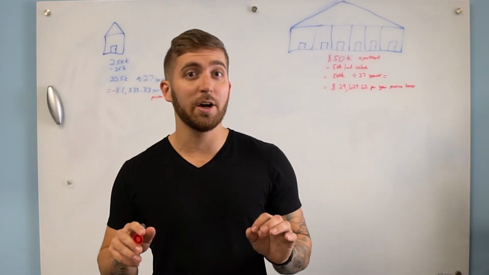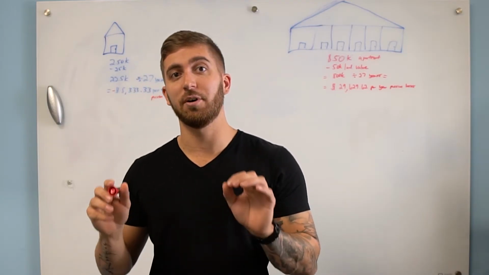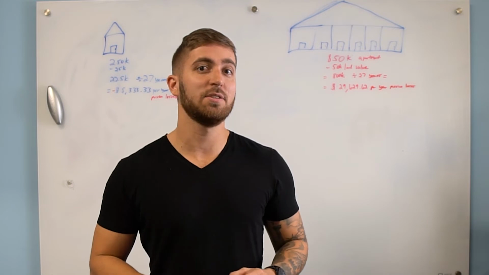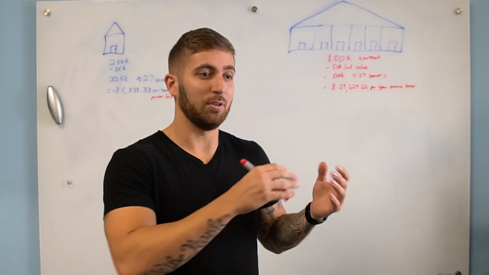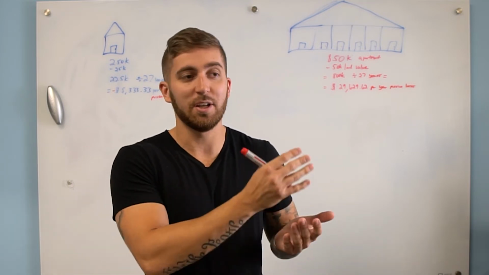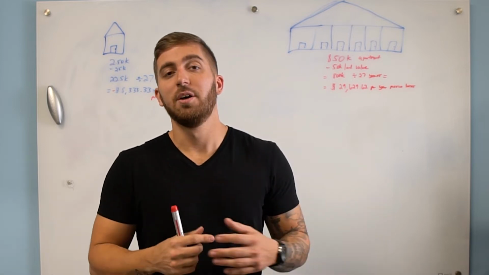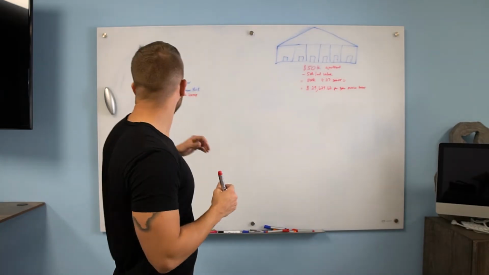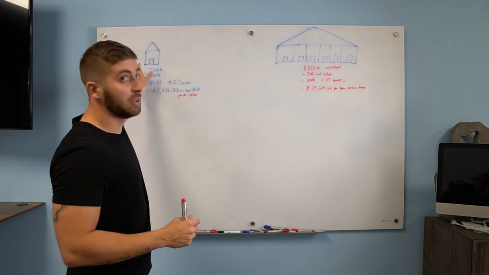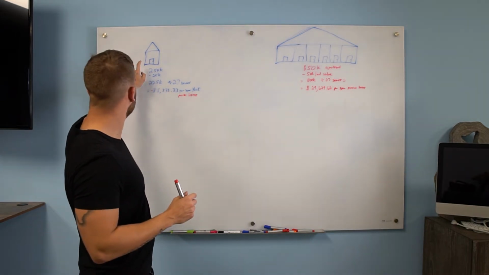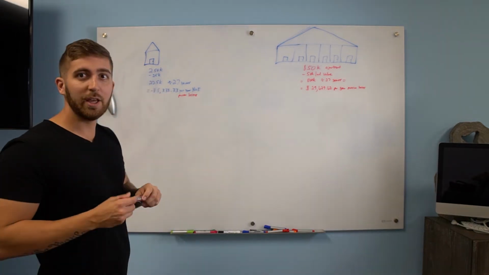What this does not cover is the land, because land does not lose value, or land doesn't get worse over time. So, for instance, in this example, we have a $250,000 house right here. And what did we talk about?